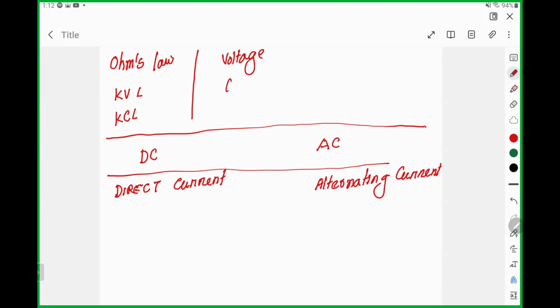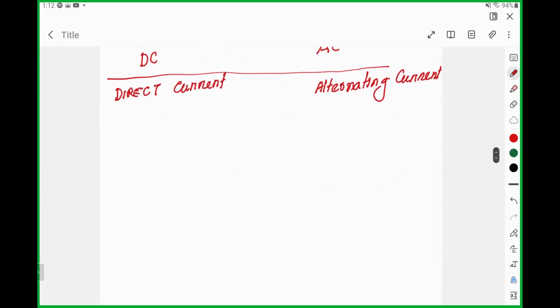Voltage, current, and resistance. Okay. And whenever I have told you that this is DC, that means DC can be of voltage and DC can be of current. And similarly, AC can also be voltage and current. Now, what is the difference between these two quantities?